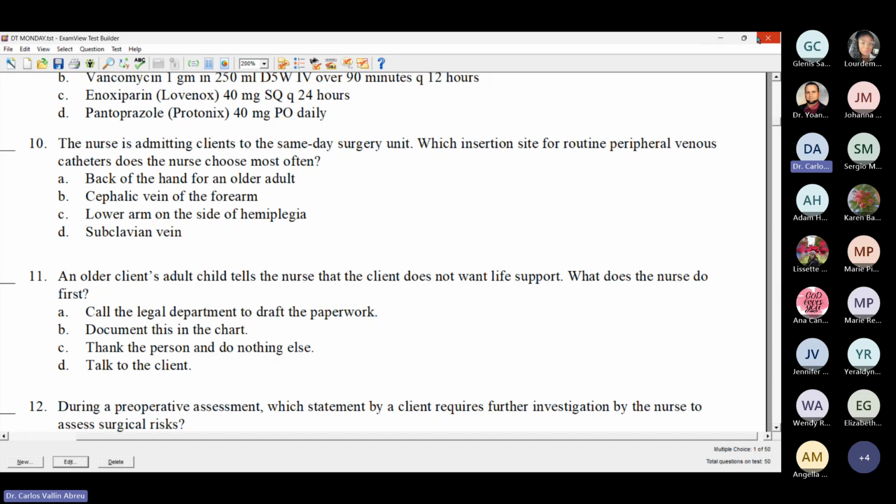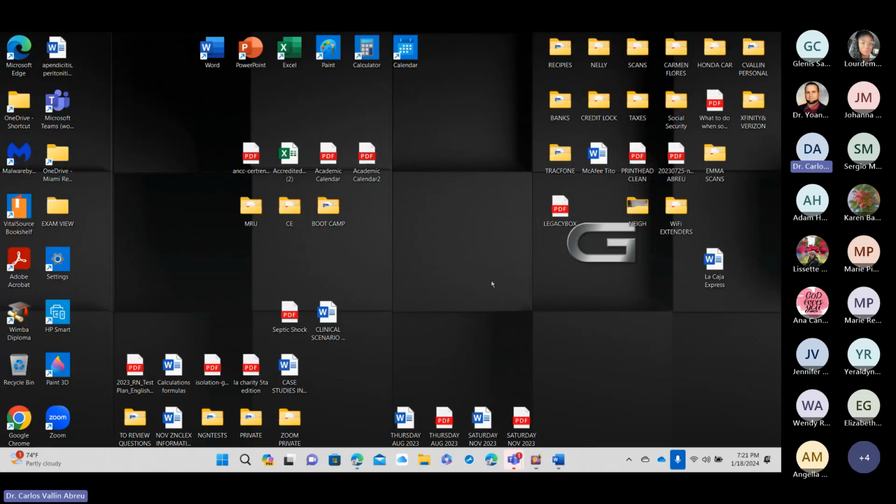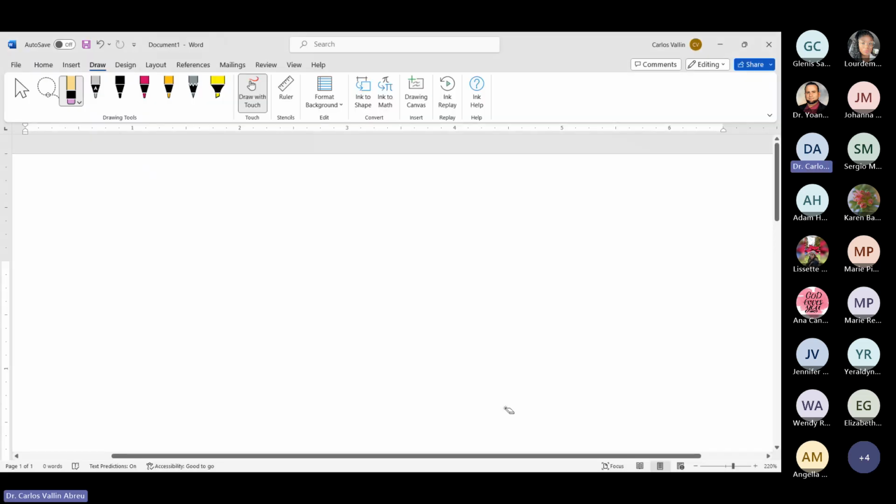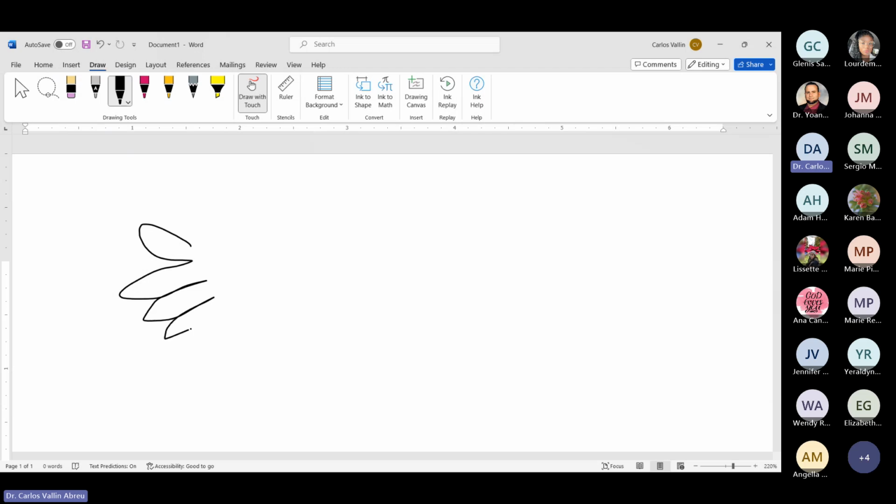You need to know that in the forearm you have two main veins. Here is the thumb, and those are the other fingers, and this is the arm.